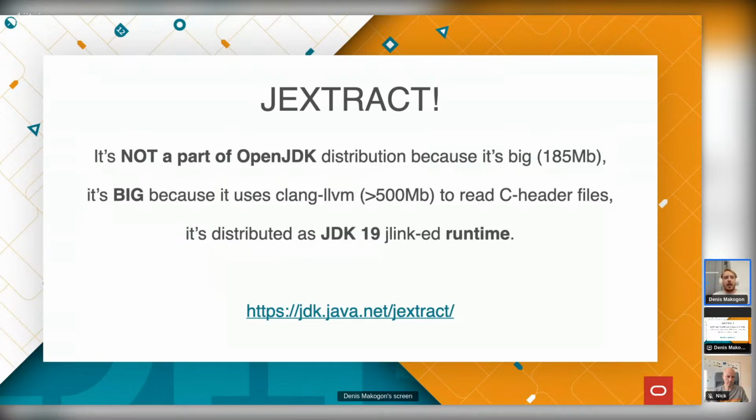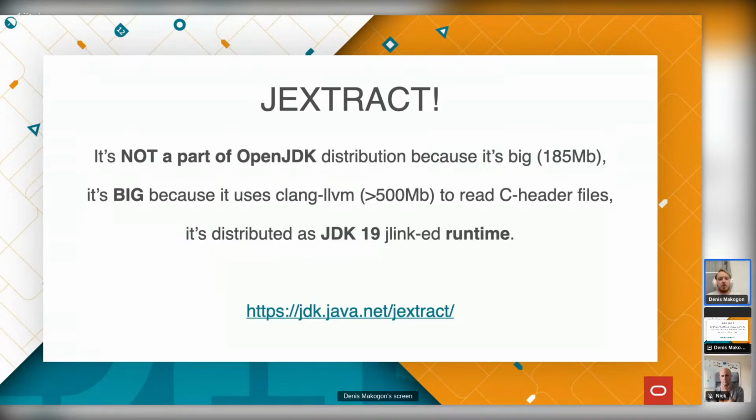But Jextract is standalone because it will not be shipped with JDK 19, because the binary distribution is big, since Jextract depends on Clang LLVM, which is big. If you go to GitHub and check the releases, you will notice that every new release of LLVM is growing, and for now it's more than 500 megabytes.